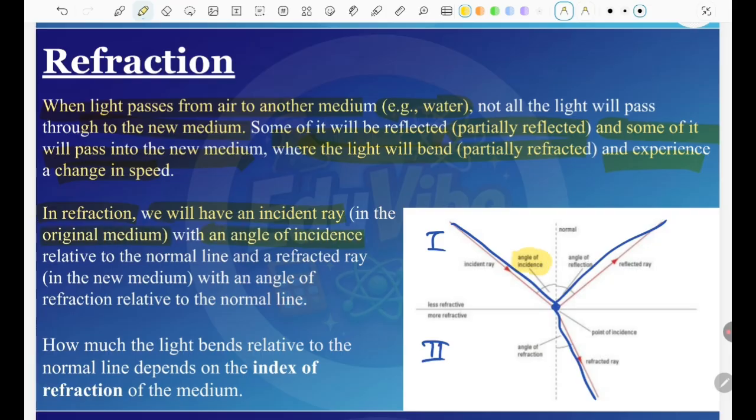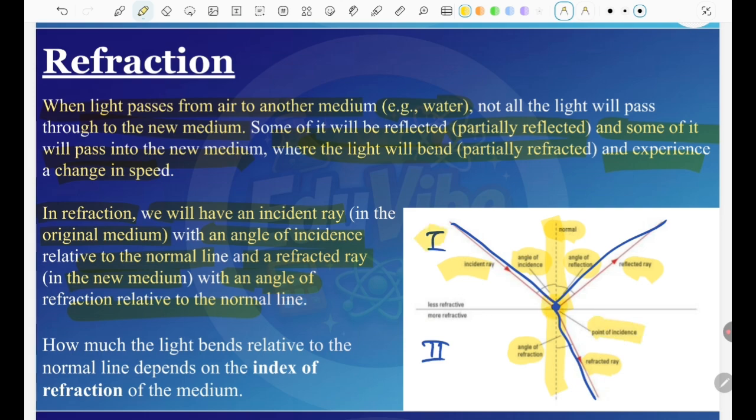As we also said, there is the angle of incidence, angle of reflection, reflected ray, incident ray, and the normal line. Then we have the refracted ray in the new medium with the angle of refraction, which is measured relative to the normal line. The normal line stays the same. We got the angle of refraction and the refracted ray, and this is our point of incidence.